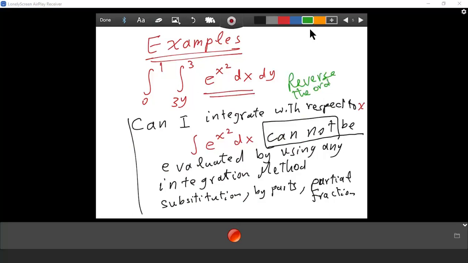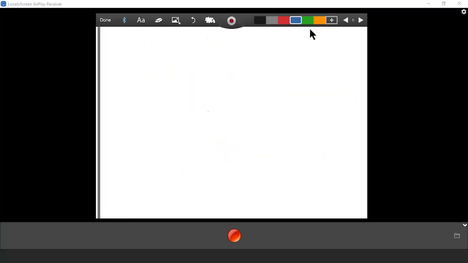What does it mean, reverse the order? It means that instead of dx dy, I have dy dx. But I cannot reverse the order without thinking about the boundary of the integration. So I start with the boundary of y and the boundary of x. What is my region? x is between 3y and 3.